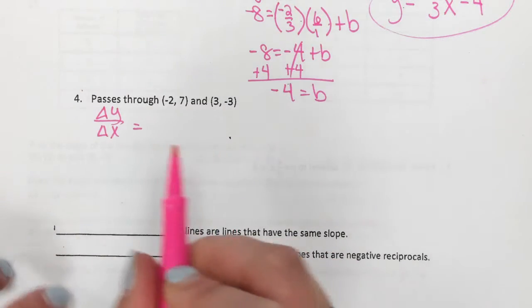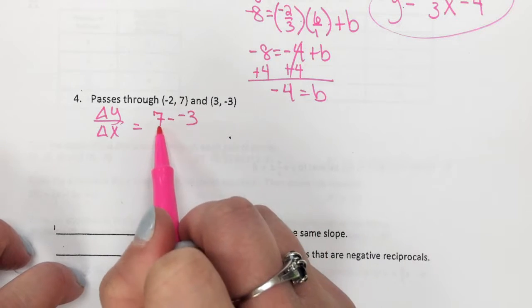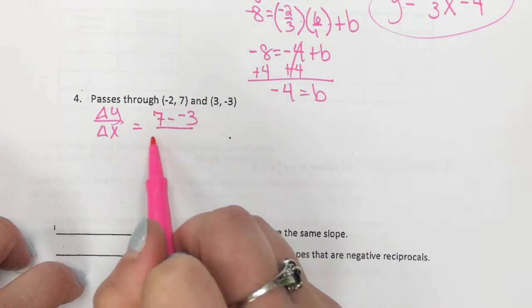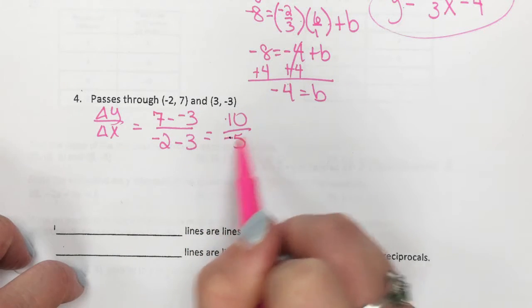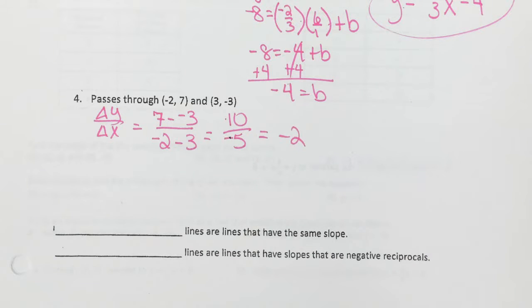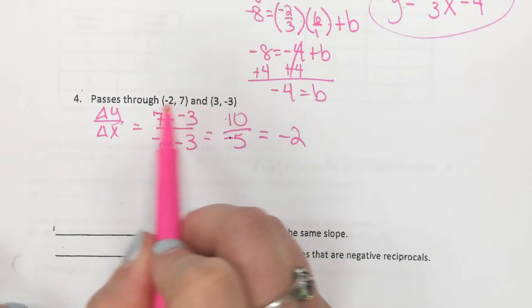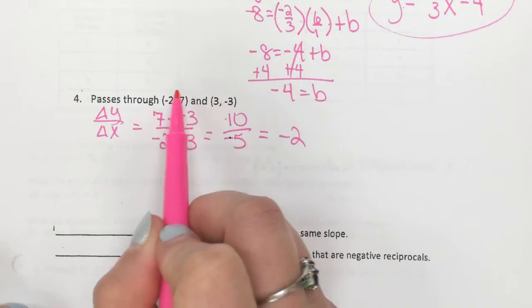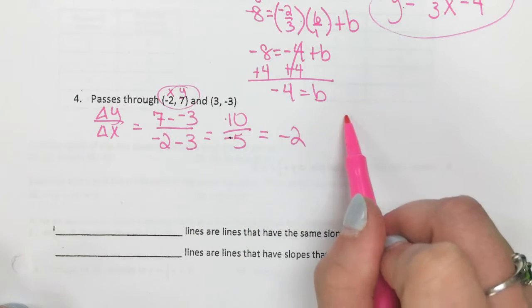All right, which one did y'all use first for your y's? 7 minus negative 3. It doesn't matter. Watch, we'll get the same answer. So you should have got 10 over negative 5, negative 2, right? Okay. All right, so let's see. Which one did y'all pick? Pick the first one? Okay. If you pick the second one, you'll get the same final answer, okay?